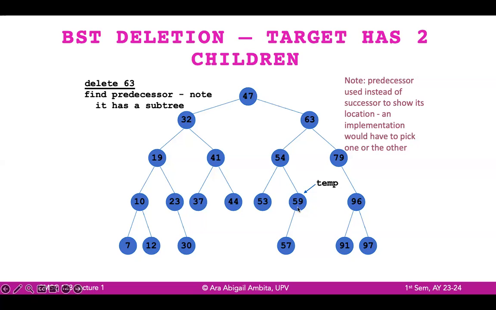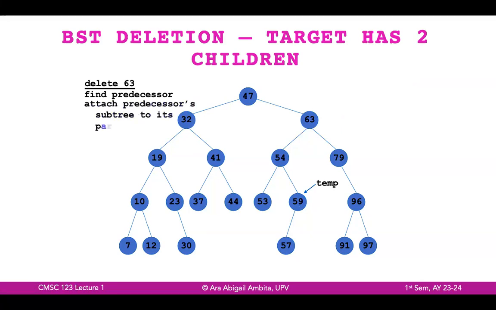But as you can see, 59 has a subtree. So what are we going to do here? Unlike earlier, where we just had to exchange the target node and the temporary node and then do the necessary attachments, in this case 59 has a subtree. So what can we do here?